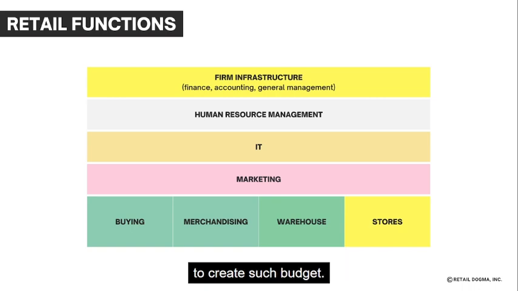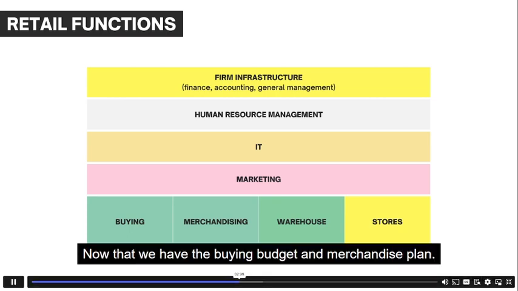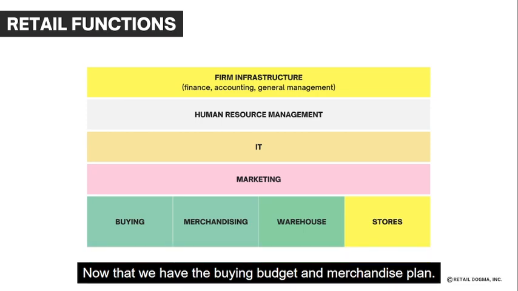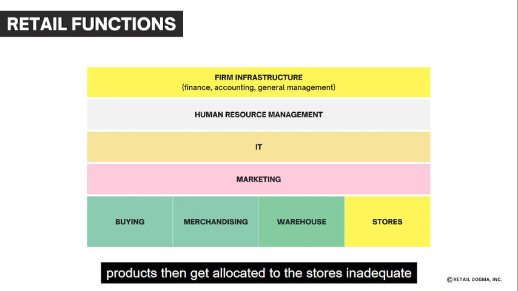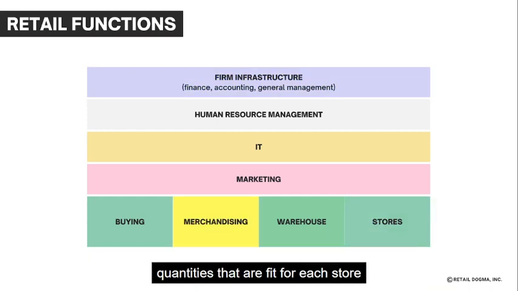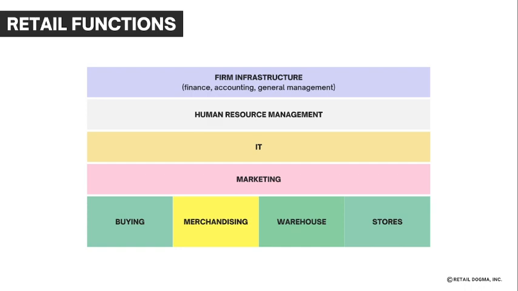Now that we have the buying budget and merchandise plan, and the buyers have gone and chosen the products to source, these products then get allocated to the stores in adequate quantities that are fit for each store, and after the initial allocation, they get replenished on a regular basis.